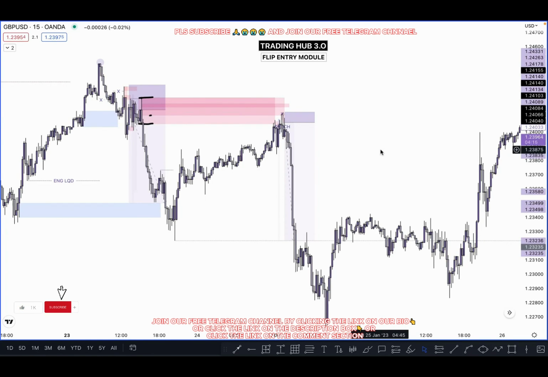Play on high probability POI, play on high probability entry criteria, and don't compare your trades and your situation with others, because you are unique. Everyone is unique. So always think in probability and trade only high probability POI and high probability entry criteria. If you miss, it doesn't matter. Sometimes you miss, sometimes you win, sometimes you lose, it doesn't matter. This is the market. Nobody can win 100%.